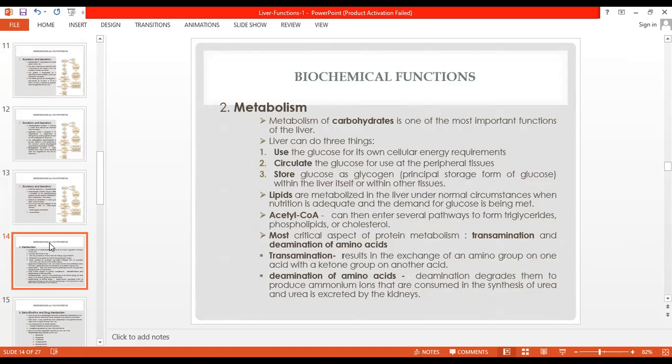So lipids are metabolized in the liver under normal circumstances when nutrition is adequate and demand for glucose is being met.